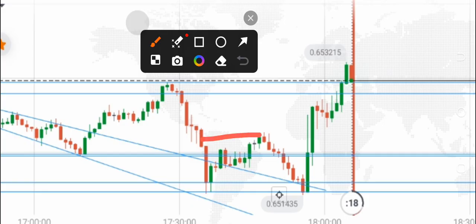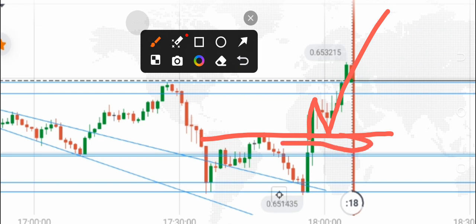The market retested this neckline after the breakout. You can see after this breakout, it hits this level and then it shoots up. Your stop loss should be somewhere below the neckline like this, in case the market makes any retest.